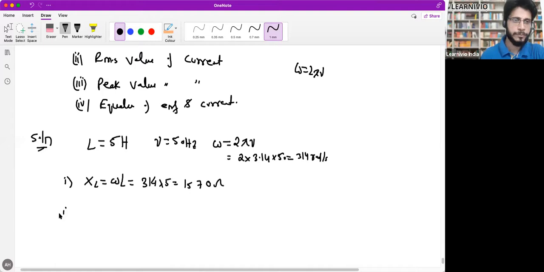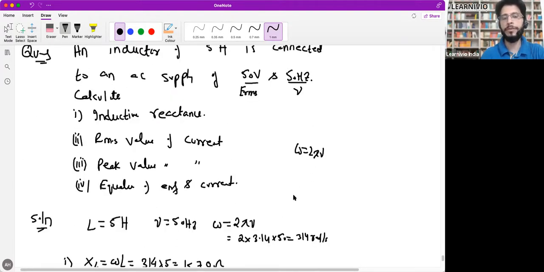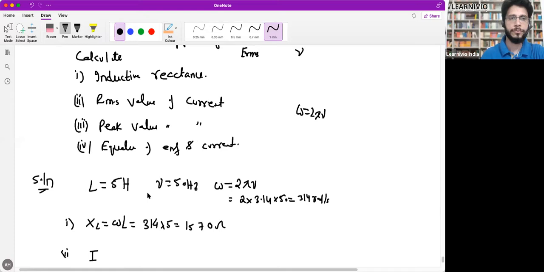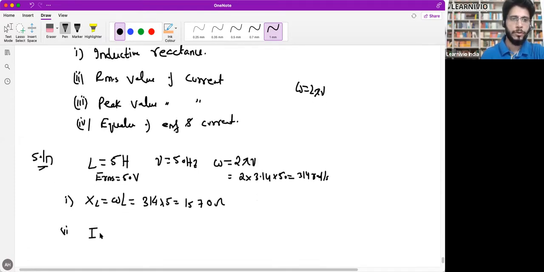Second part, you need IRMS. ERMS is given, which is 50 volt. So you can calculate IRMS. IRMS is ERMS divided by XL. ERMS is 50, XL is 1570, in ampere.